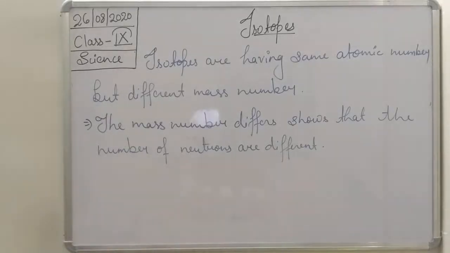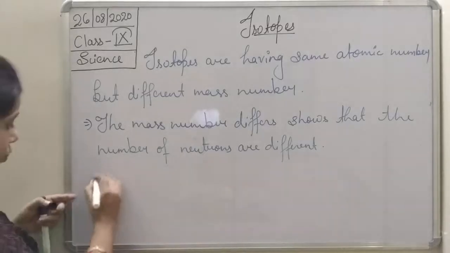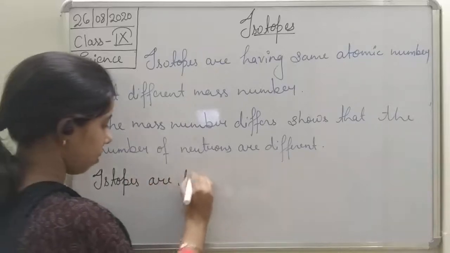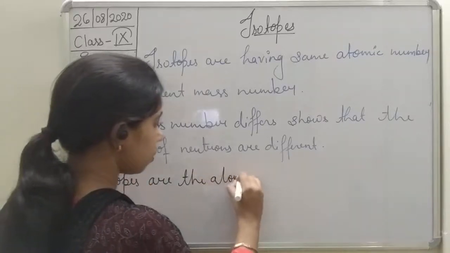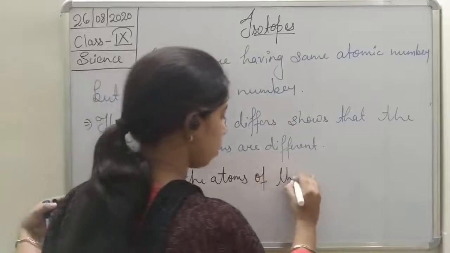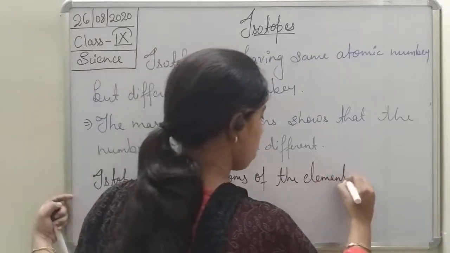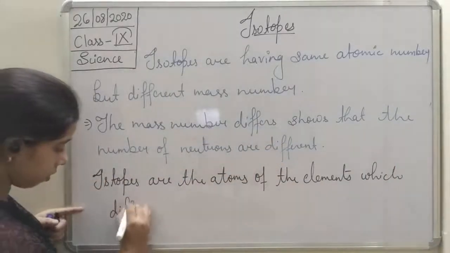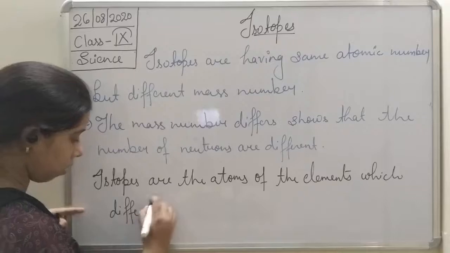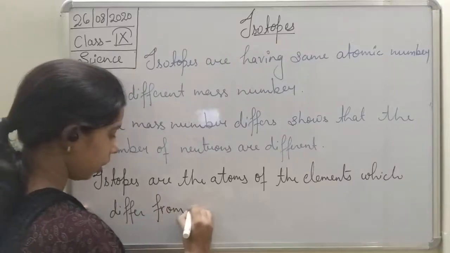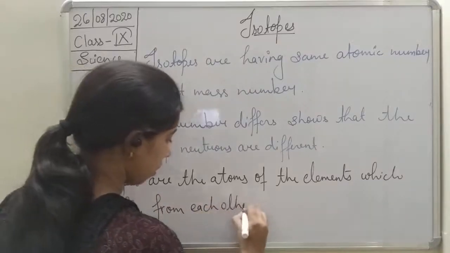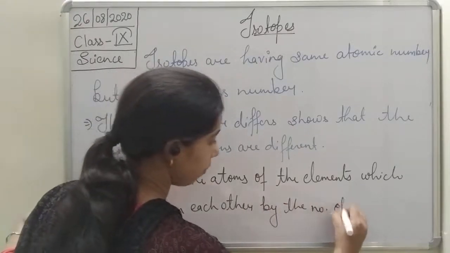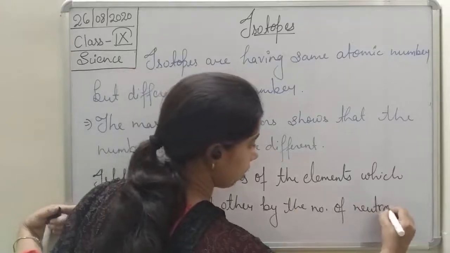Isotopes are the atoms of the elements which differ from each other by the number of neutrons.